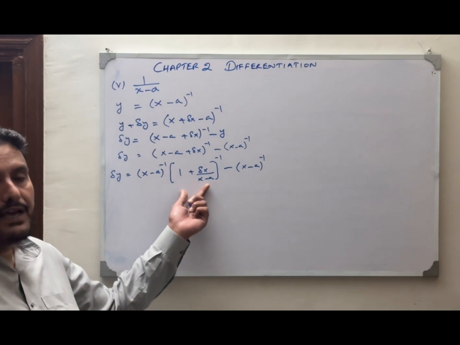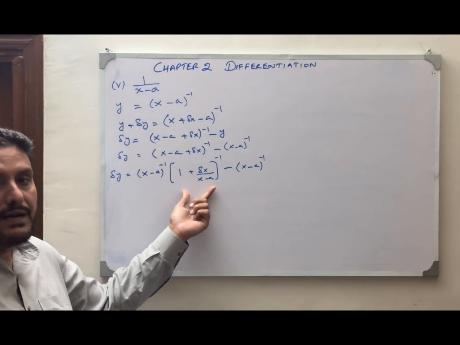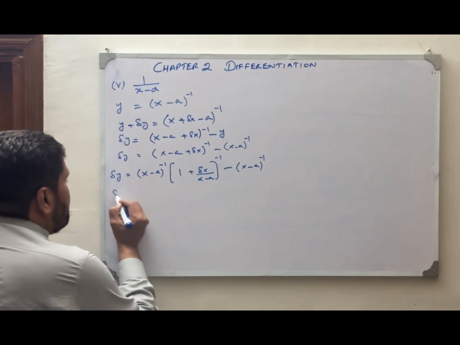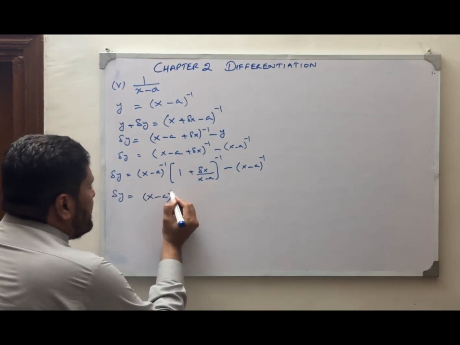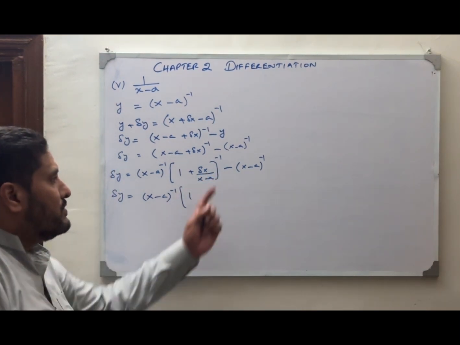Again, we have to expand this term by using the binomial expansion. We have to take three terms of the binomial expansion. So our delta y is equal to x minus a power minus 1 into 1 plus nx. Our n is now minus 1.